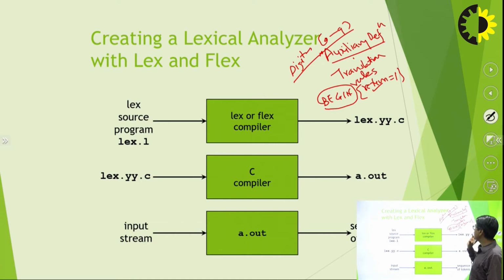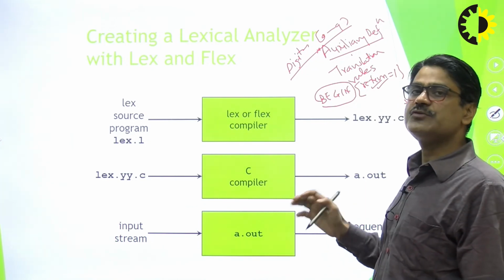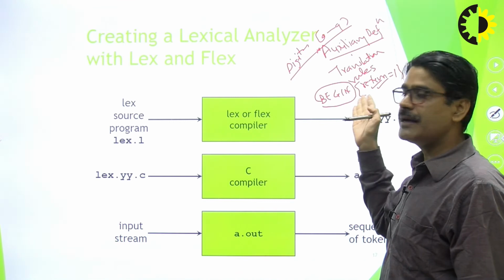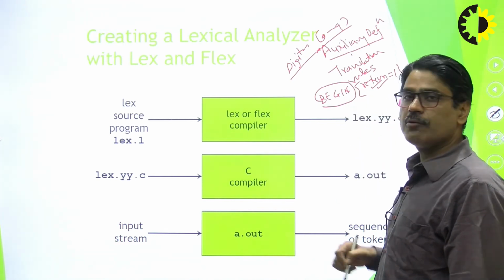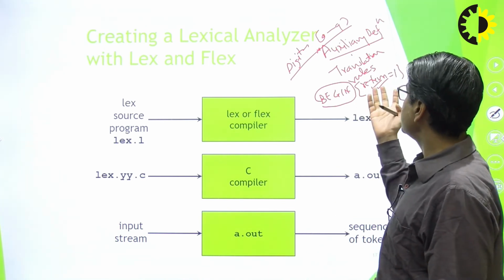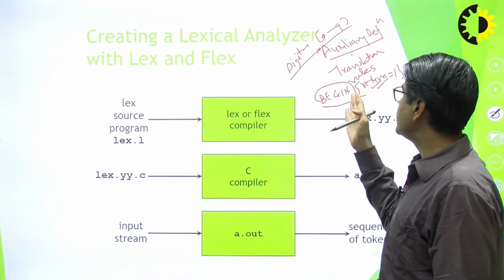A translation rule is a program fragment which is invoked at the moment when this type of regular expression is discovered. So begin is the regular expression, and return 1 is basically the indication that begin is discovered.